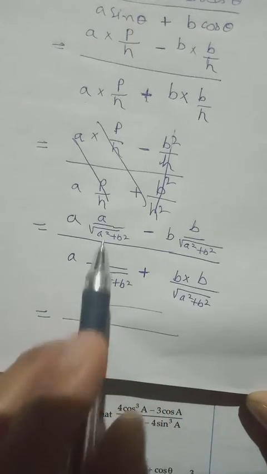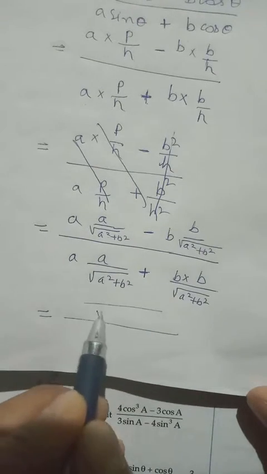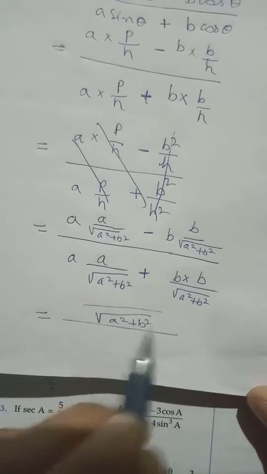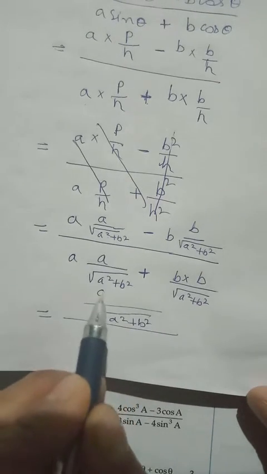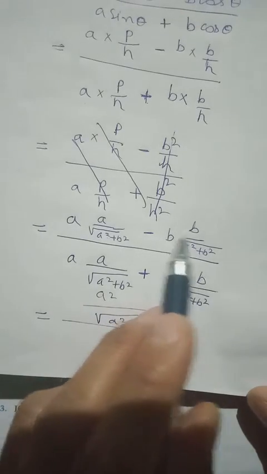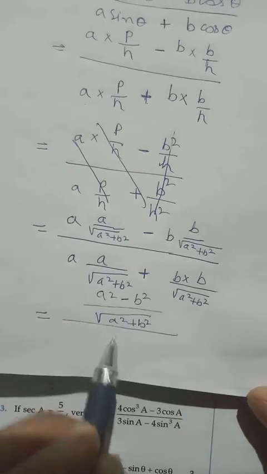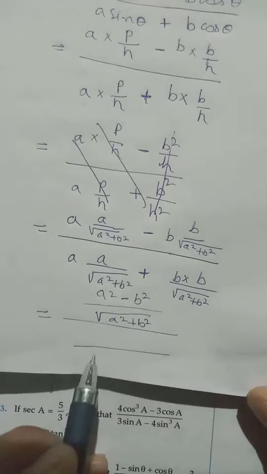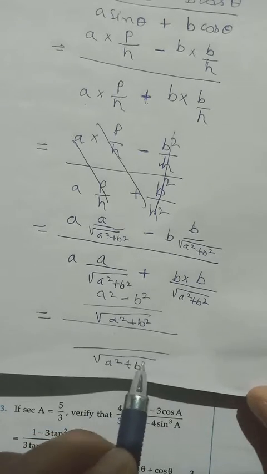If you look here, both denominators are the same, so we can take 1 as the LCM. Then this one is the same. We are left with a into a square, b into b square. Then down again, both denominators are the same, we can take 1 as the LCM.